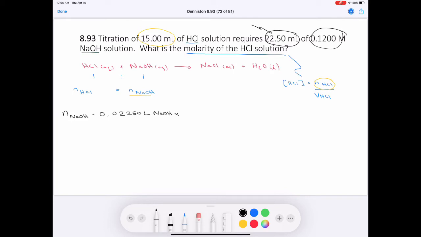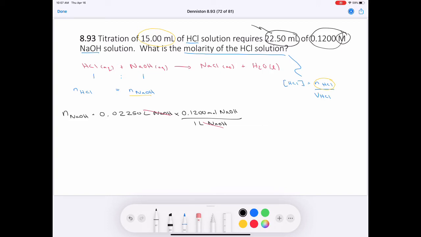Again, I'm going to multiply that by the concentration, which is 0.1200 molar, which is moles of NaOH per 1 liter of NaOH. And immediately I can see that my volume of sodium hydroxide cancels out like that.